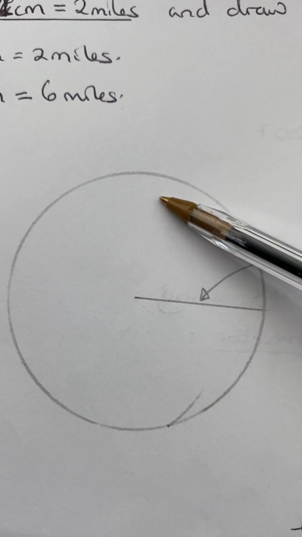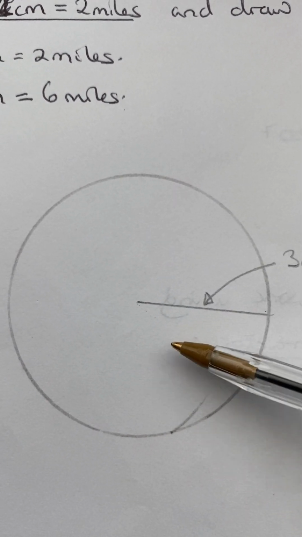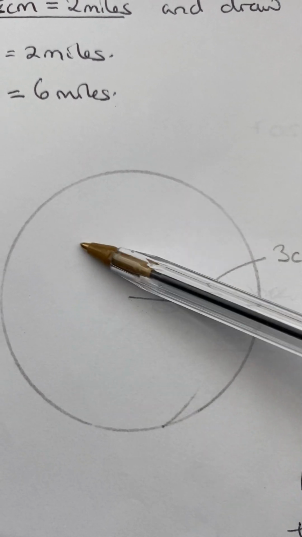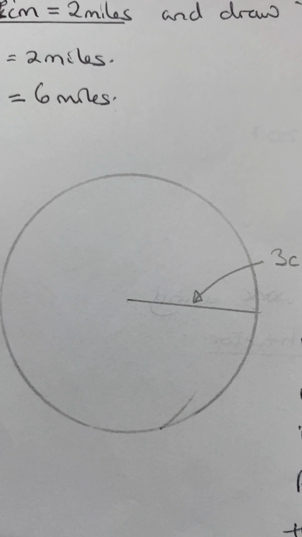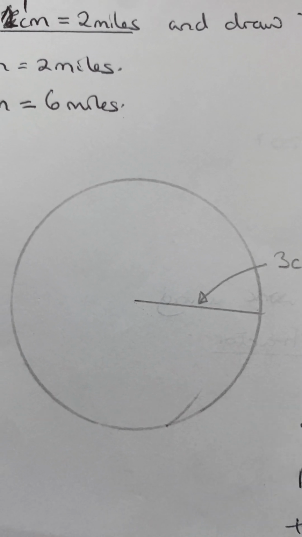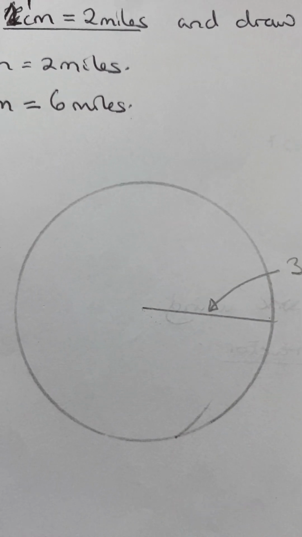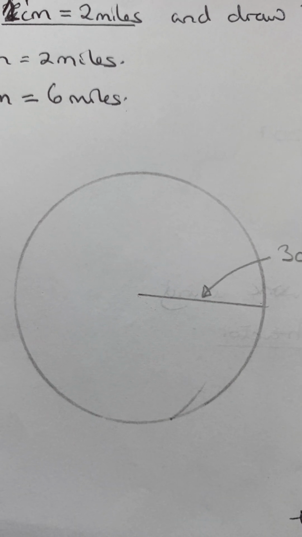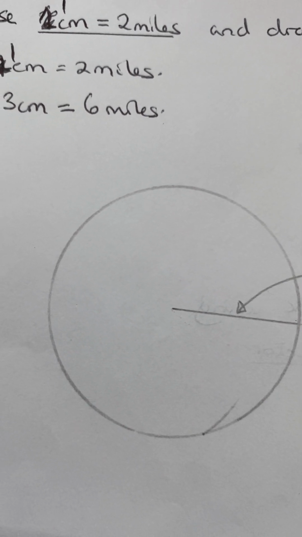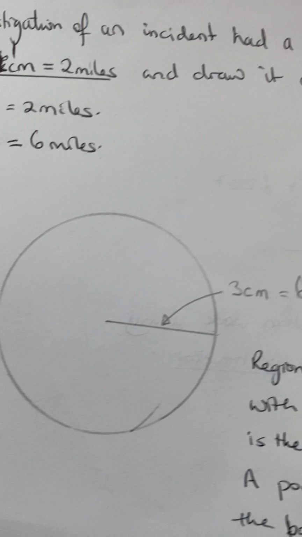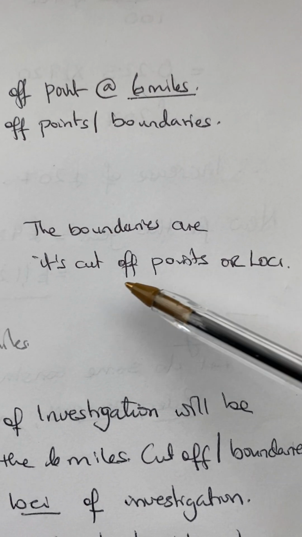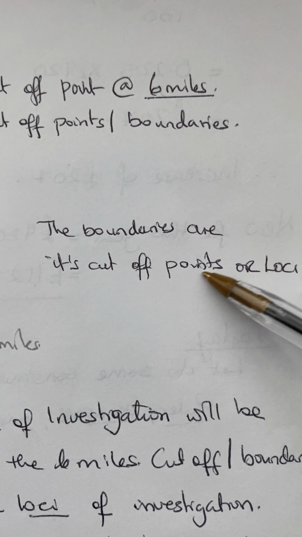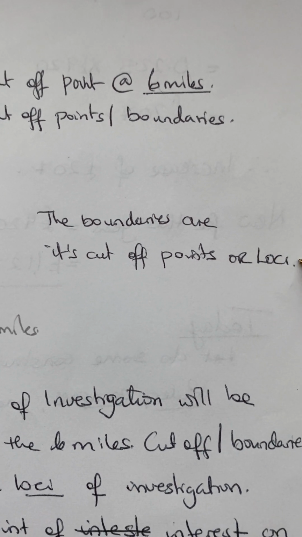They wouldn't go through everything, but they'll try to find clues to help them see how best they can solve that incident, especially if no one is coming forward. So the boundary is its cutoff point or loci.